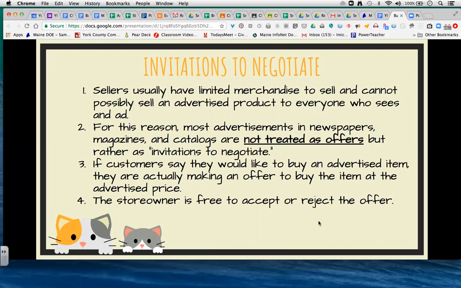For this reason, most advertisements in newspapers, magazines, and catalogs are not treated as offers, but rather as invitations to negotiate. If customers say they would like to buy an advertised item, they are actually making an offer to buy the item at the advertised price. The store owner is free to accept or to reject the offer.